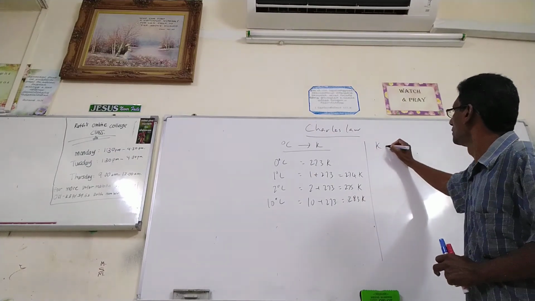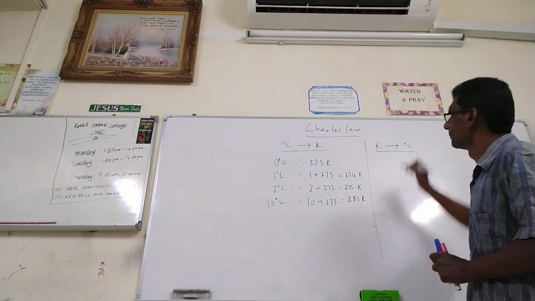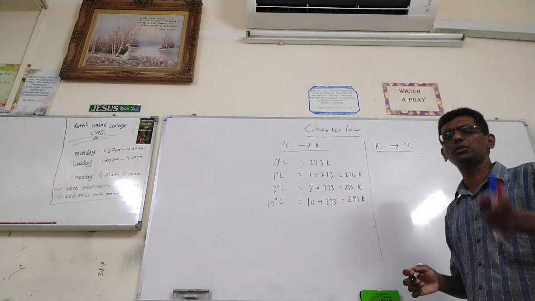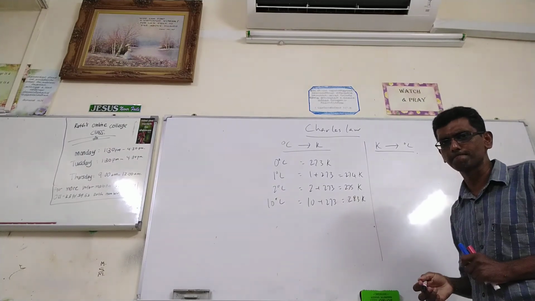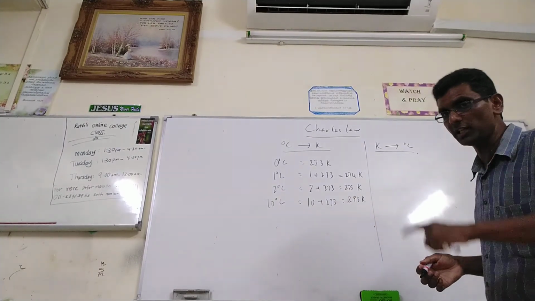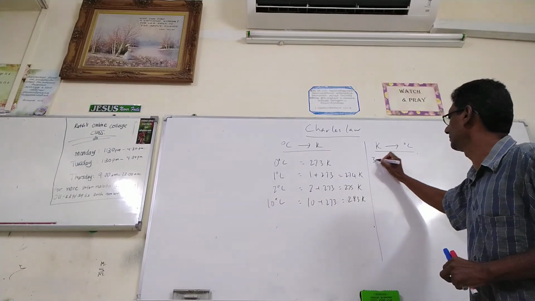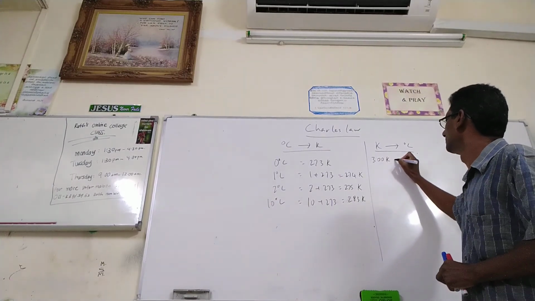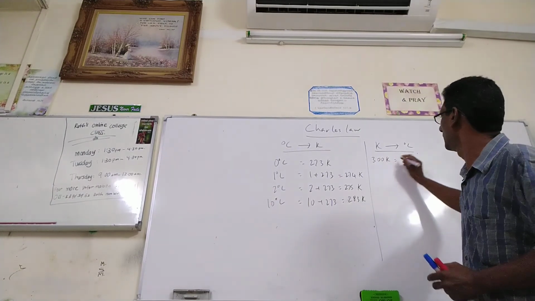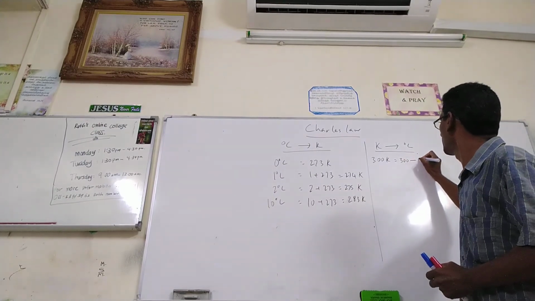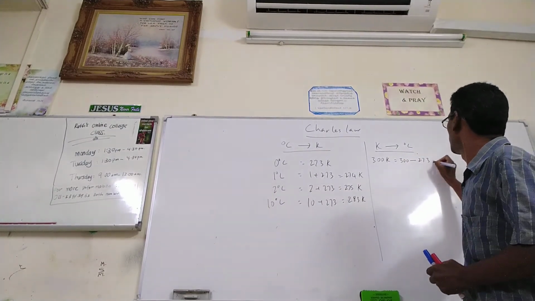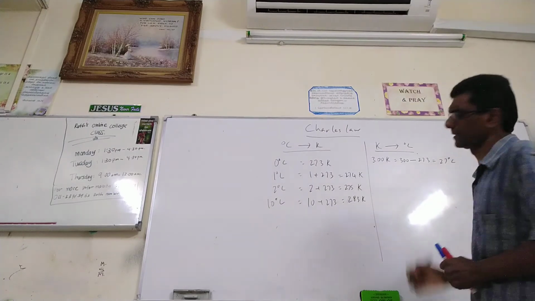Kelvin change to degree Celsius. For example, 300 Kelvin. 300 minus 273 equals 27 degrees Celsius.